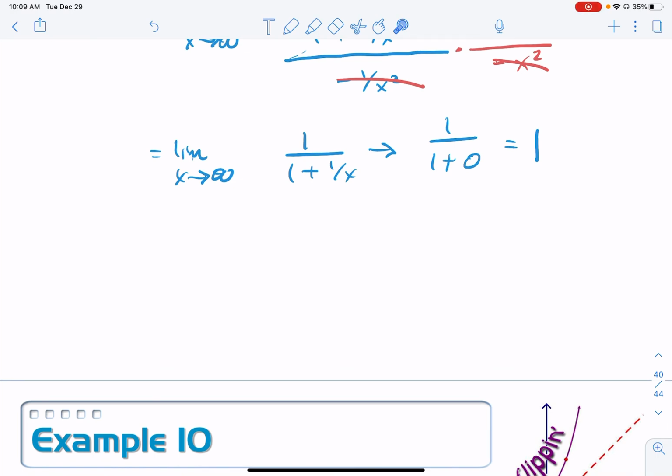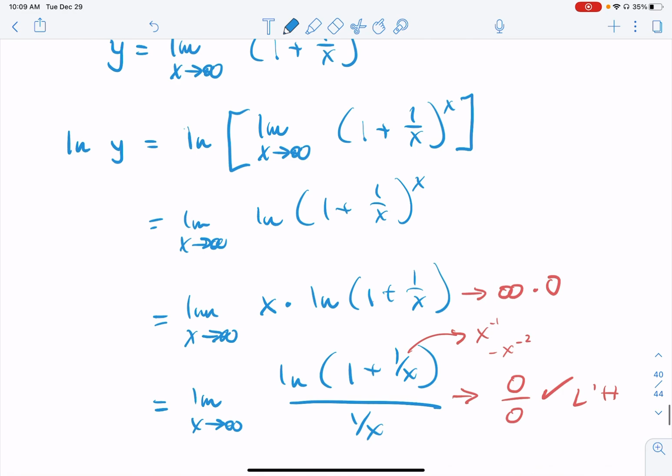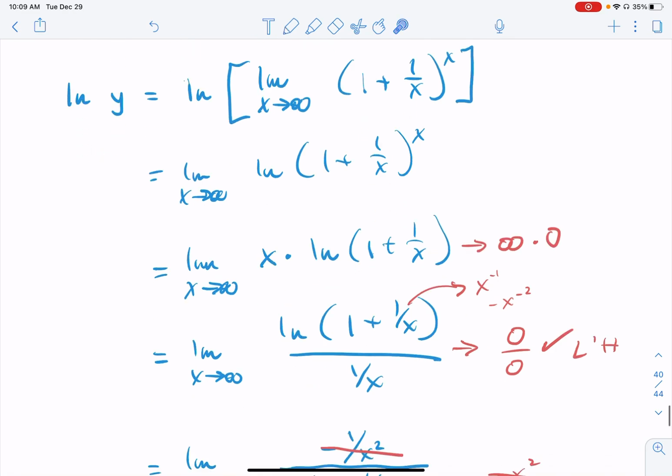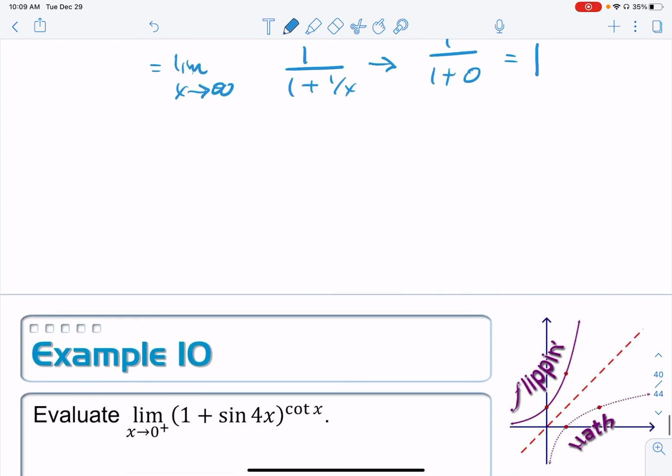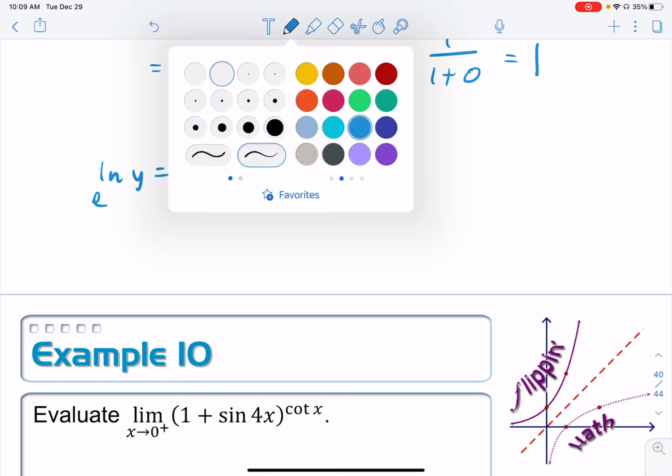Remember that that is equal to, if I come back over here, it's actually equal to the natural log of y. In other words, the natural log of our limit is equal to 1. So the natural log of y is equal to 1. I need to exponentiate this to actually get the value of our limit. So I take e to the power of the natural log of y on the left-hand side and e to the first power on the other side.